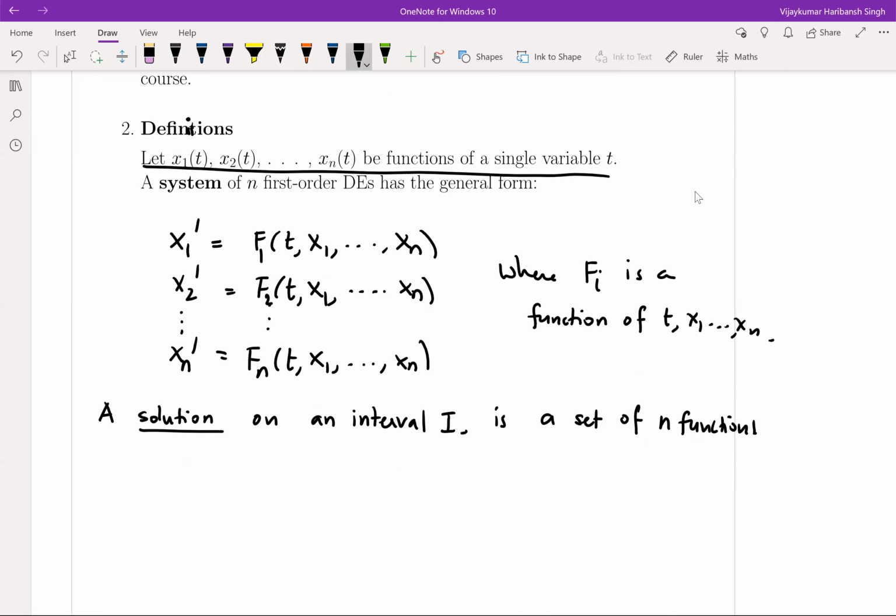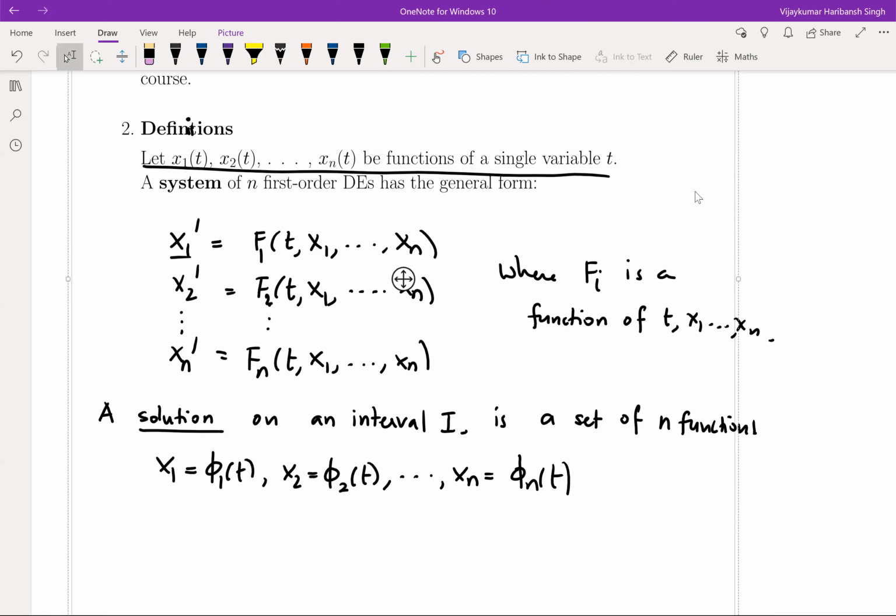So essentially, the idea is you want to solve for x1, x2, xn, right? So it's a set of n functions. Let's call this x1 equals phi1 of t, x2 equals phi2 of t, xn equals phi n of t, right?